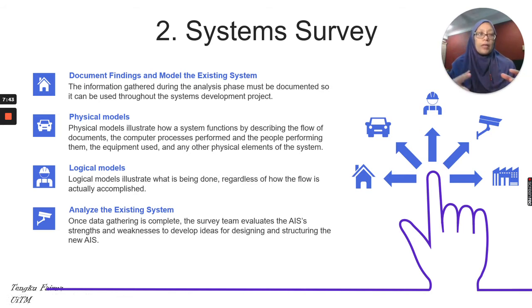So from the input that they get from the system survey, which is information related to the current system, they know what the strengths and weaknesses of the current AIS are, and then they will see the proposed report or request from the users.